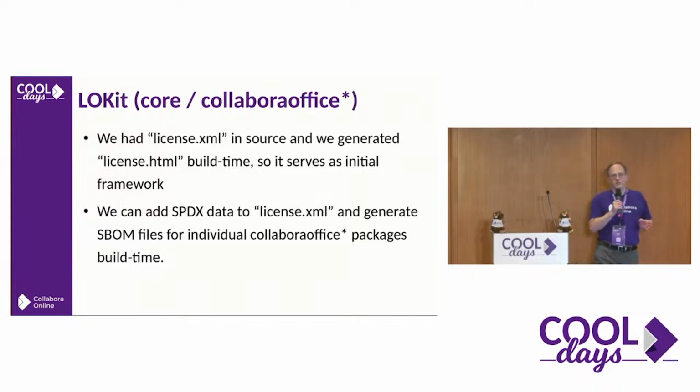So if we use, for example, system libpng, then we will not install the license of libpng in the third-party licenses because we use the system library. Otherwise, we will statically link the libpng, so we have to list its license. So we simply add the SPDX data to this license XML, and then we can generate the SBOM files for the individual Collabora Office packages at build time.